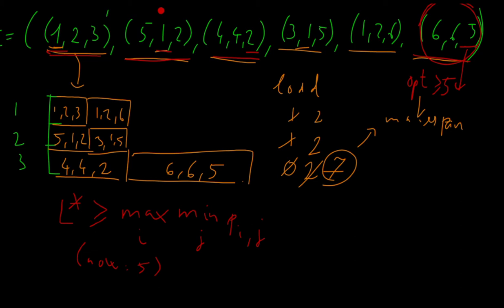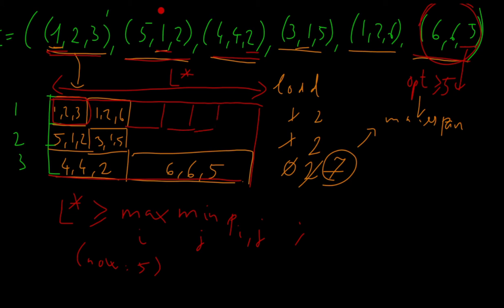Also, if you just consider these rectangles, there is another general bound. It comes from the fact that if this is the makespan for L star, even if this whole rectangle is filled with jobs, each job at least takes the minimum possible width.